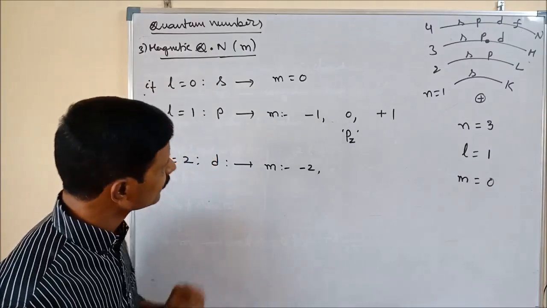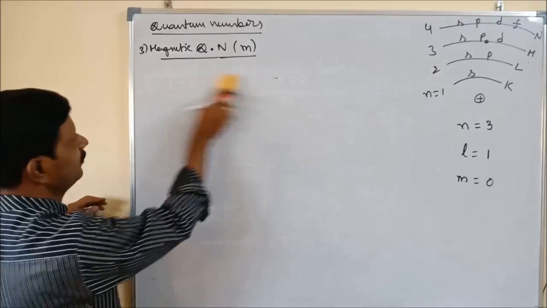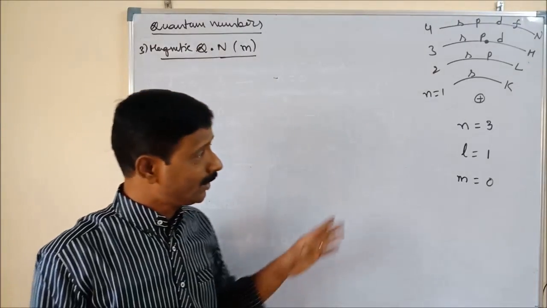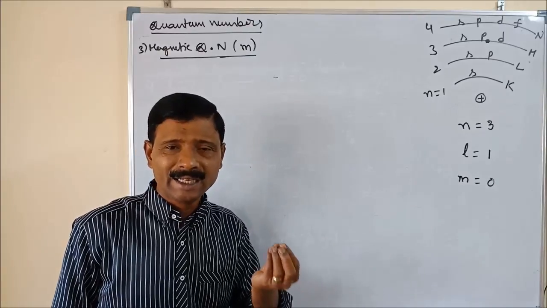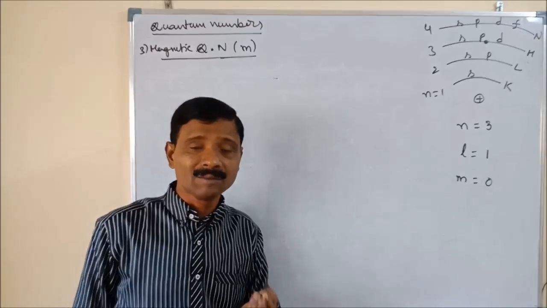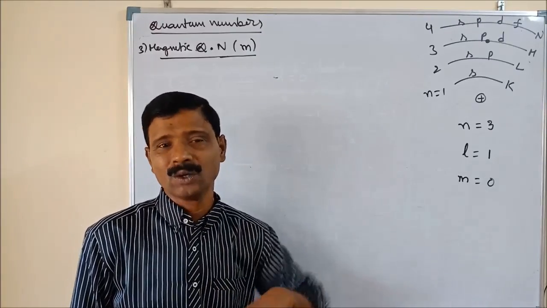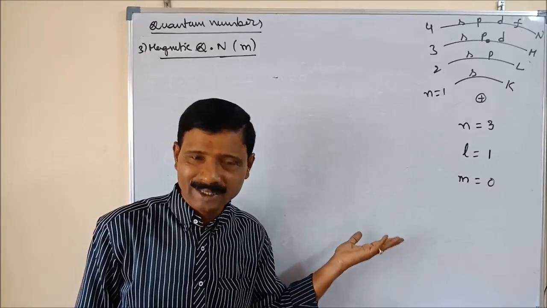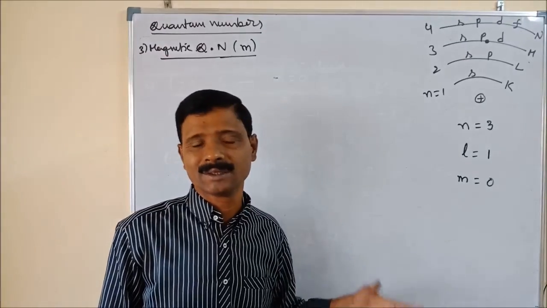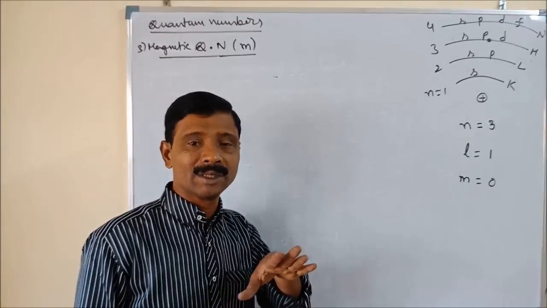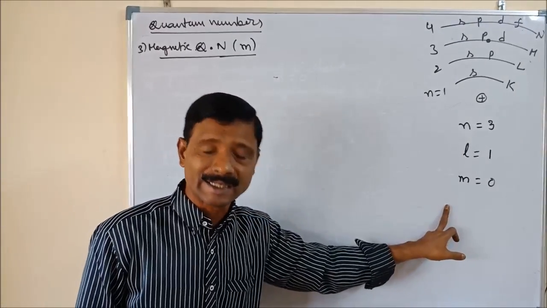Now if you observe these three values, n, l, m, writing of quantum numbers is nothing but addressing of the electron, like our own address. Yes, an electron also has its address in an atom. And these three are internally related.